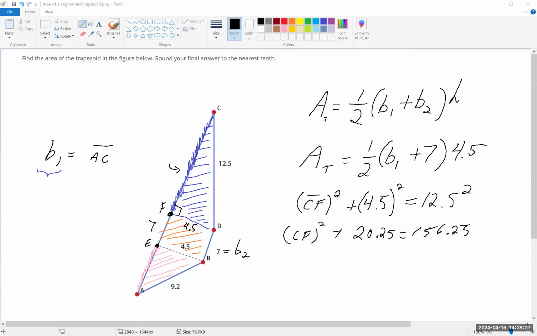Okay, so 156.25 minus 20.25. You almost could do that without the calculator.